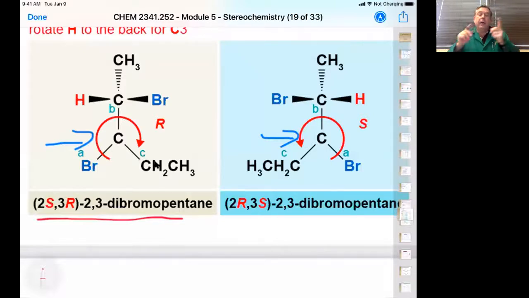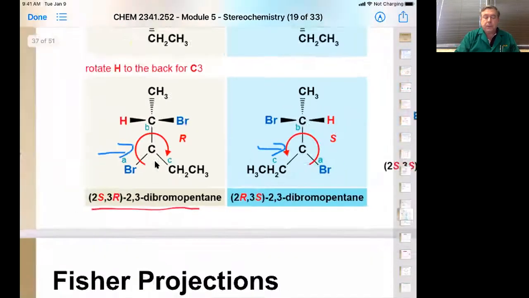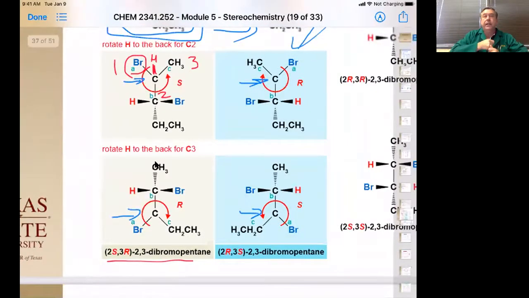And notice the other enantiomer is the exact opposite. It's 2R,3S-2,3-dibromopentane. Okay, so you'll always see that where one enantiomer is going to be the equal and opposite, or the mirror image of the other. It's always going to switch that R and S. Okay, questions on diastereomers.